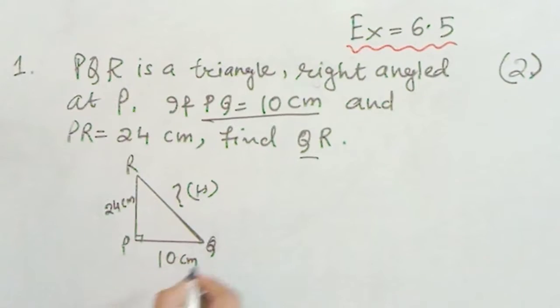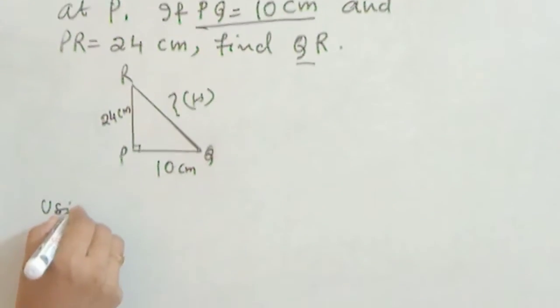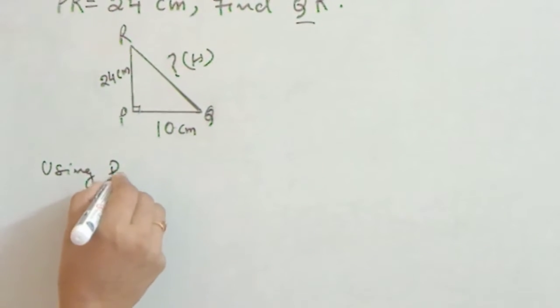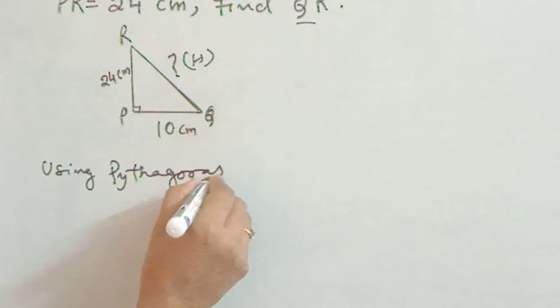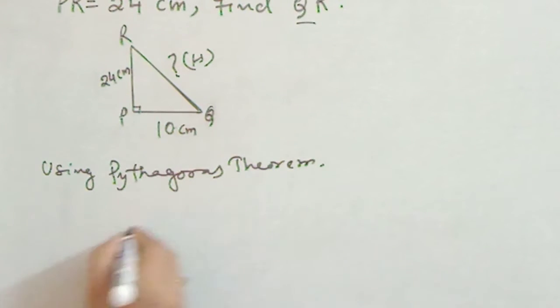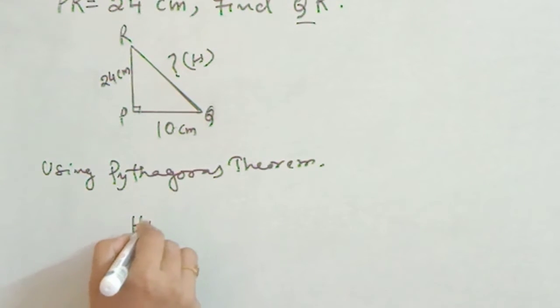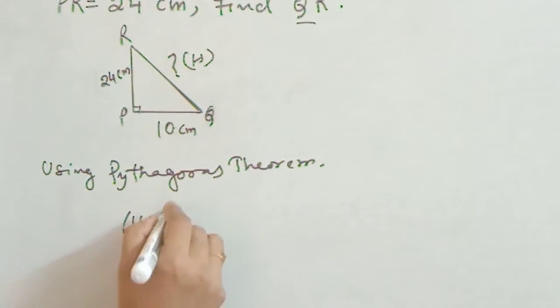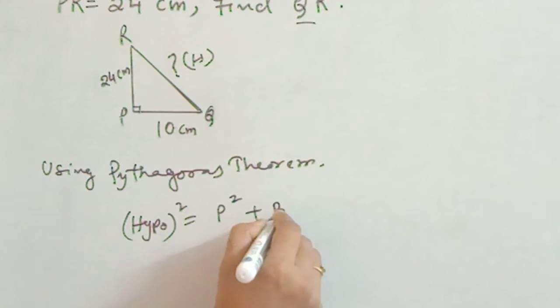Using Pythagoras theorem, we know that hypotenuse square is equal to perpendicular square plus base square.